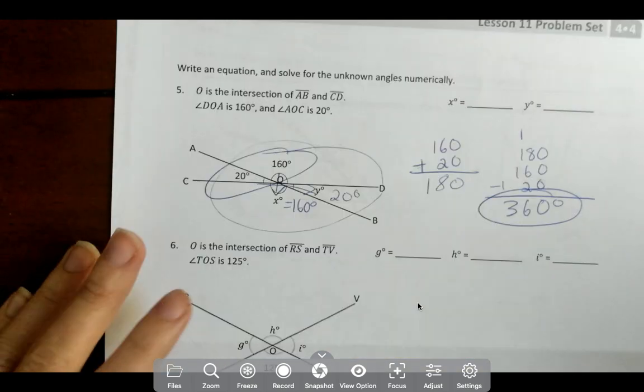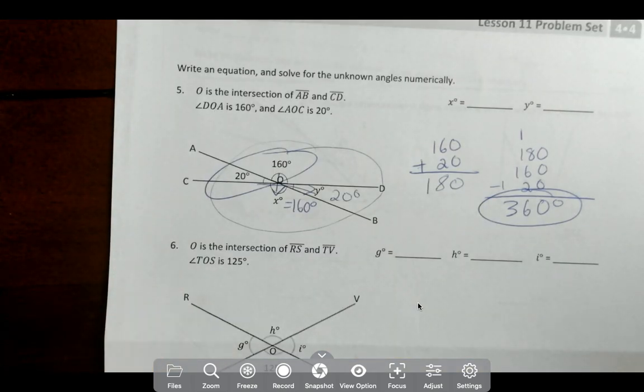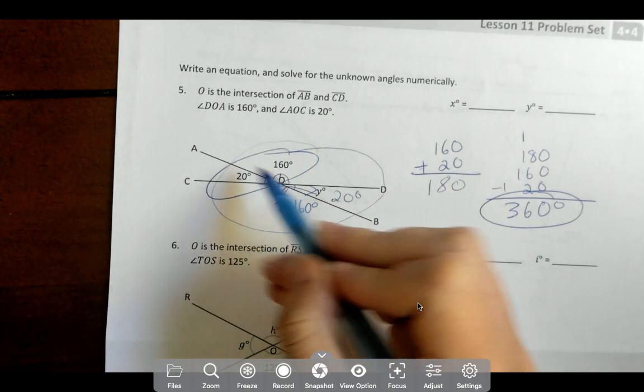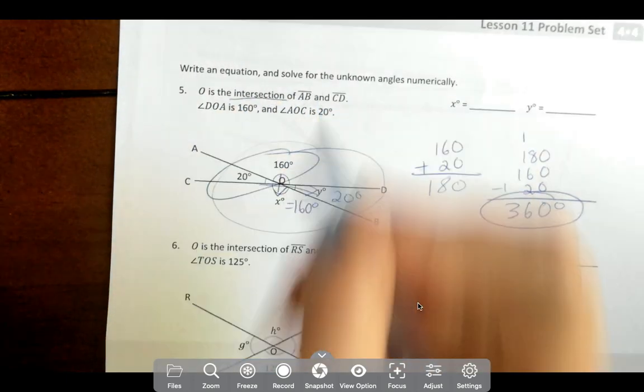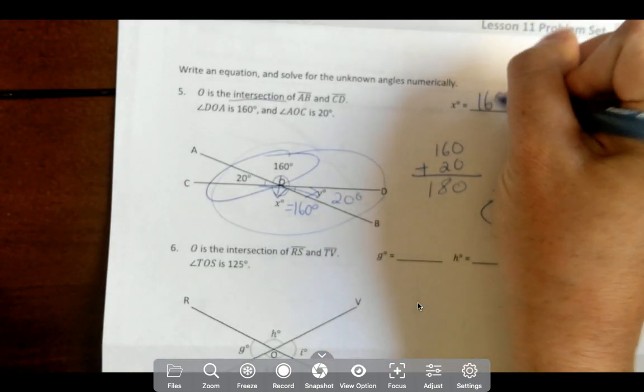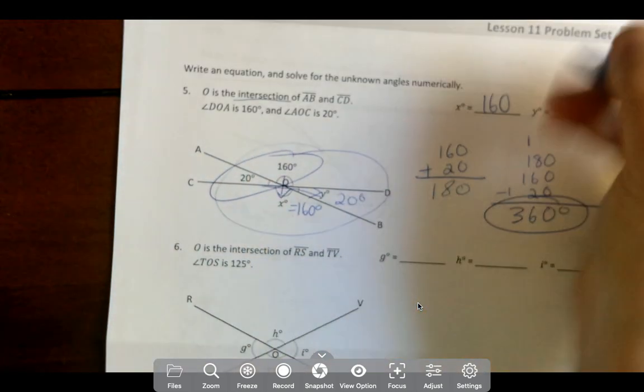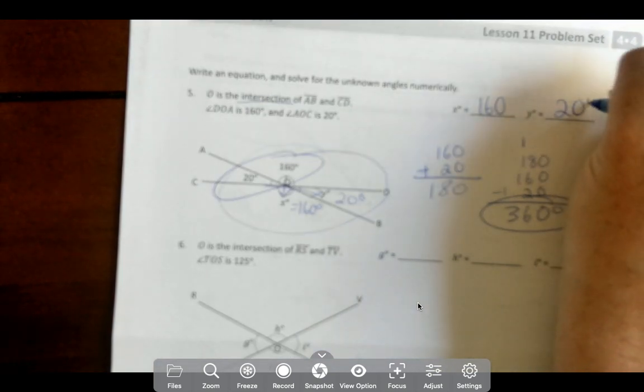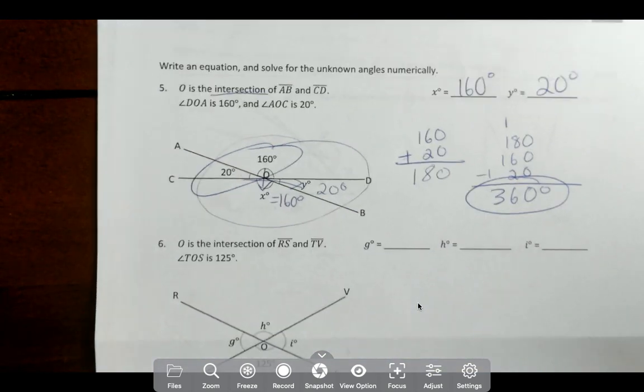So yes, I got the total of the whole circle, which is 360. So there's my proven statement. Opposite angles in intersecting lines are equal. So that means X is 160, Y is 20 degrees. And make sure you make those degree symbols.